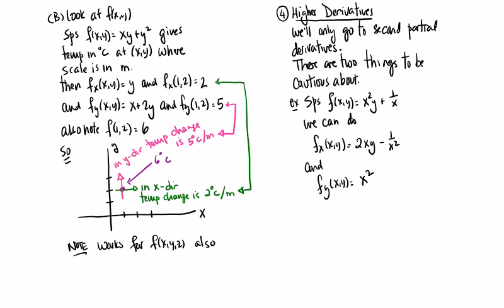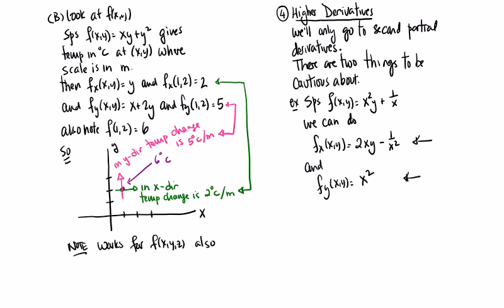Now, once we've taken each of these, what we can do in each case is take another derivative with respect to either variable. We did it with respect to x first, but the second time doesn't need to be x again. It could be x again, could be y.